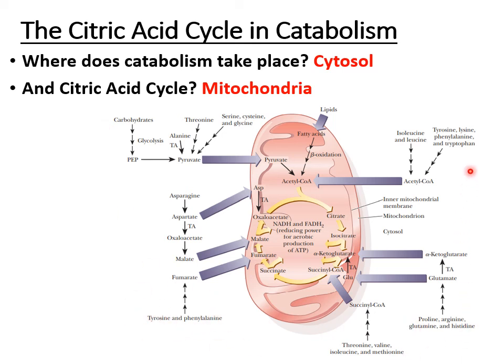So all of these guys around the edges here are amino acids getting broken down, and then their products can end up crossing the mitochondrial membrane, which you see these big purple arrows showing the products of catabolism crossing the mitochondrial membrane and serving as intermediates or substrates and reactants within the citric acid cycle.